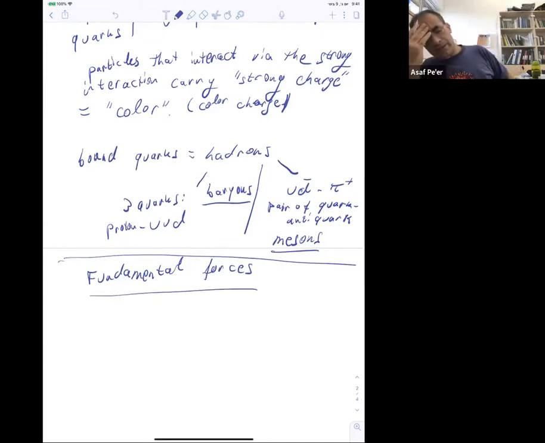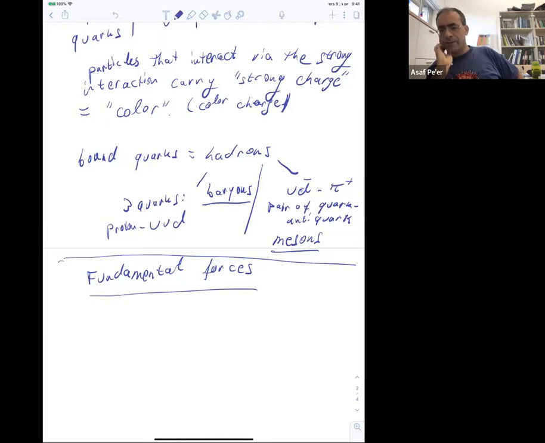Fundamental forces. So we said, and that is the strength of the quantum field theory, is that it solves 2 main problems with the classical treatment of forces. We said that classically, we treat the forces as action at a distance, namely that they derive from a potential.